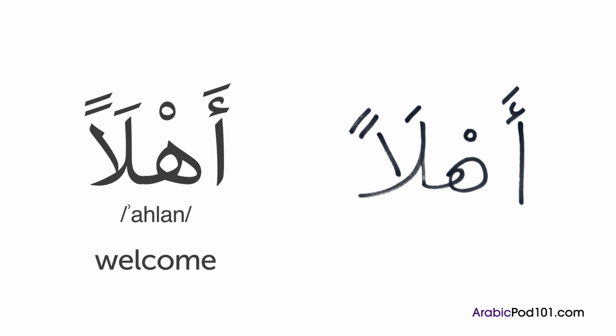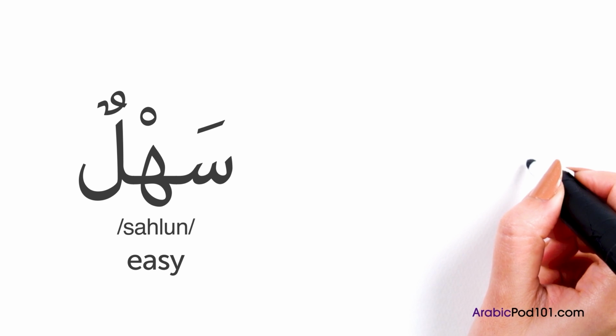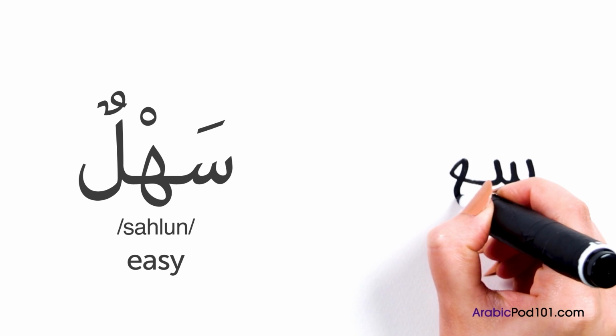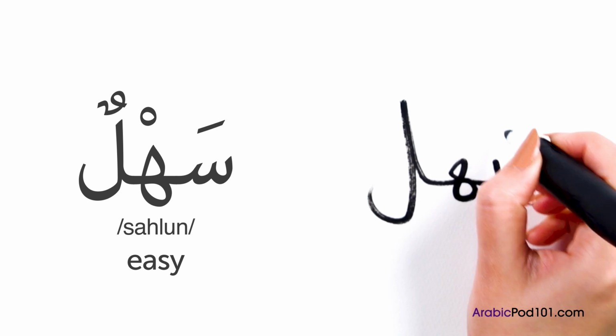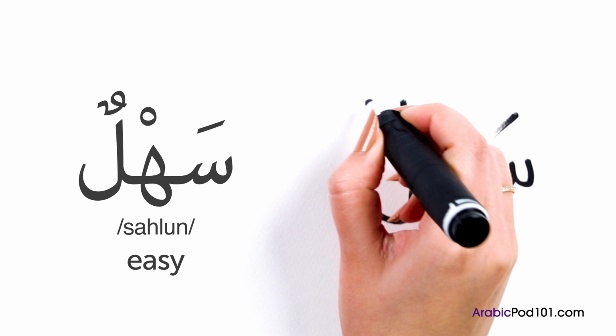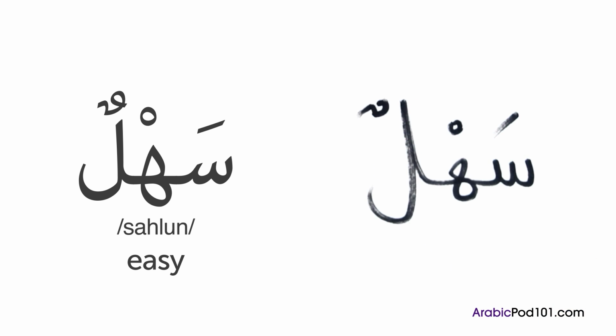Ahlan, welcome, with a fatha on the Alif, a sukun on the Ha, a Lam, and a tanween fatha on the Alif. Sahlun, easy, with a fatha on the Sin, a sukun on the Ha, and a tanween dhamma on the Lam.